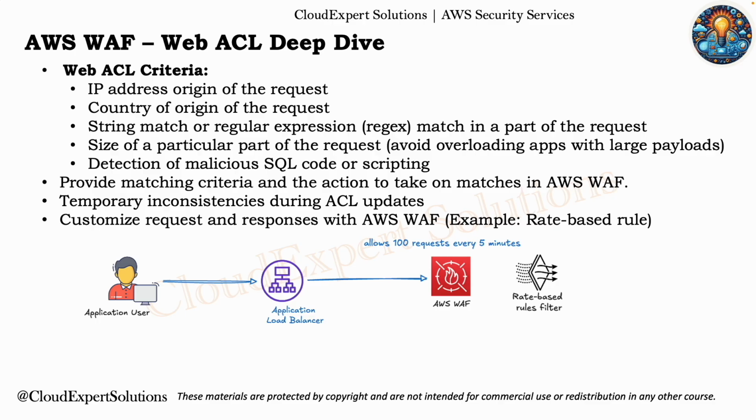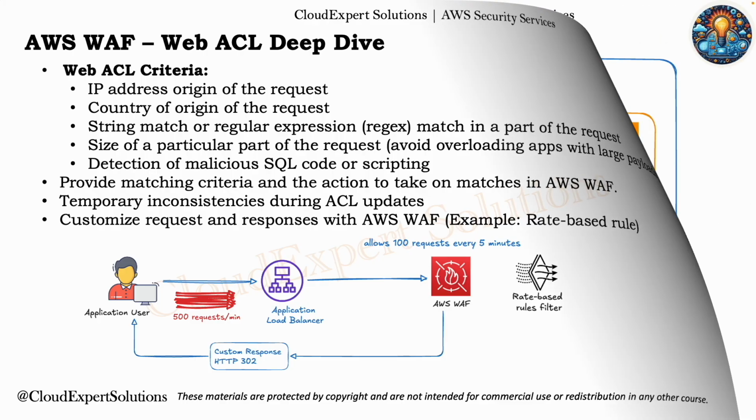Now, if a user starts flooding the application beyond the allowed threshold, instead of sending an HTTP 402 or HTTP 403 forbidden error, we can modify the response code to HTTP 302, which is a temporary redirect with a location header, and it will specify the redirect URL, or maybe a custom error page with the message "too many requests" to users.